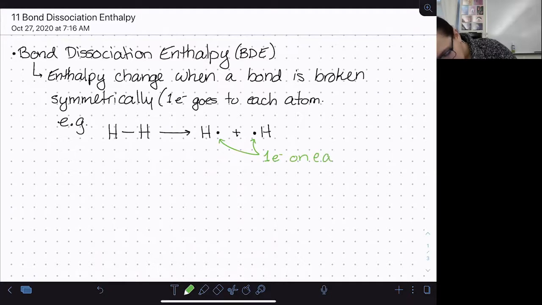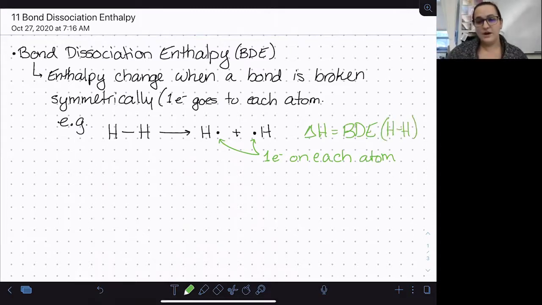So the delta H for this reaction would be the bond dissociation energy for a hydrogen-hydrogen bond. So this is the type of reaction that we're thinking about when we're talking about bond dissociation enthalpies.